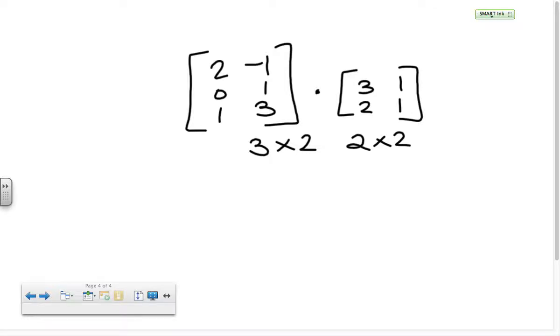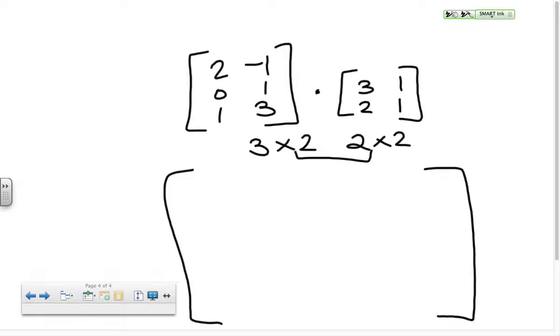So anyway, we notice here that these two numbers are the same. So we're going to have a new matrix. I'm going to give us a lot of space so that we can see what this looks like. We're going to have a 3 by 2 matrix, which means we're going to have 3 rows and 2 columns. So I'm going to do some coloring here.